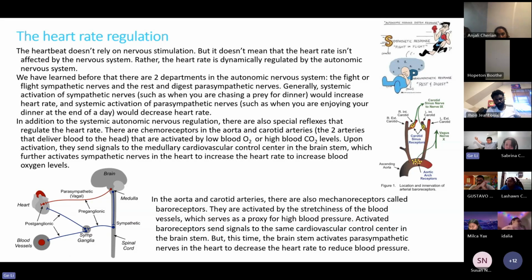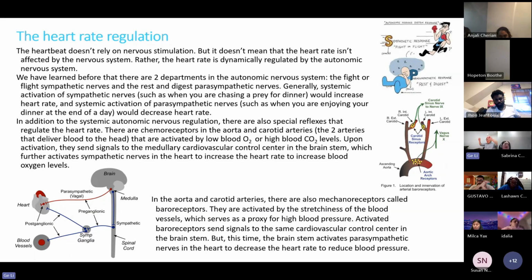So in these cases, the baroreceptor sends a signal to the parasympathetic nervous system, and the parasympathetic nervous system gives a signal to let the heart beat slower. It's basically telling you, no, your blood pressure is too high. You're stretching the arteries. You need to slow down.